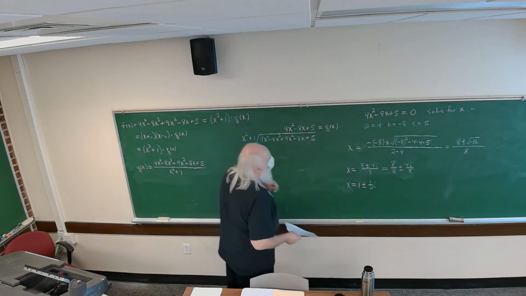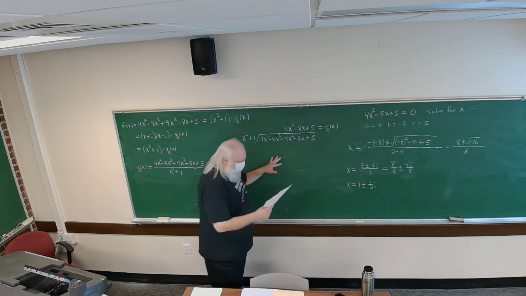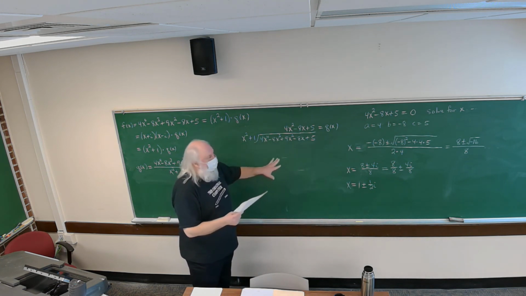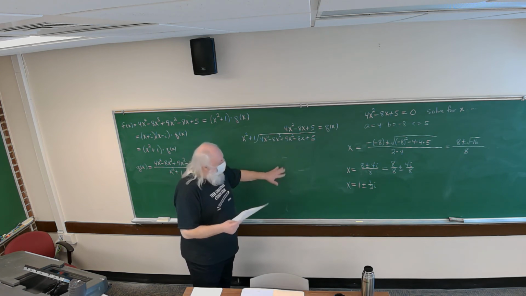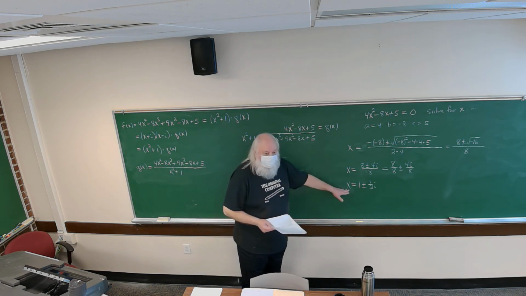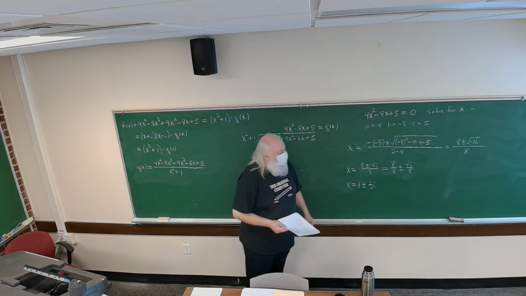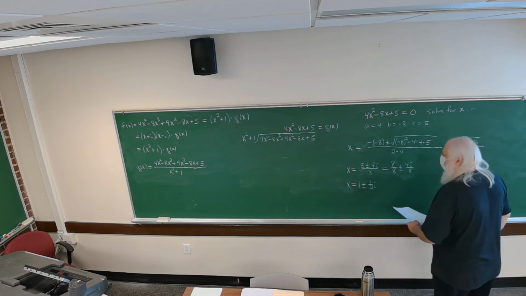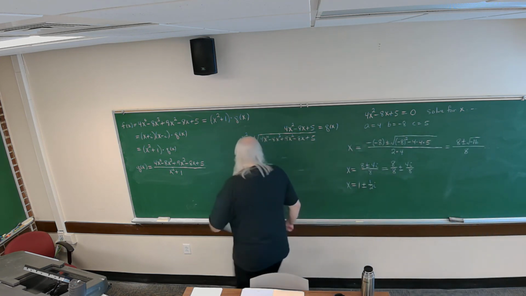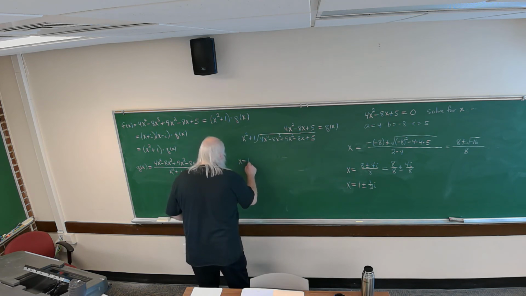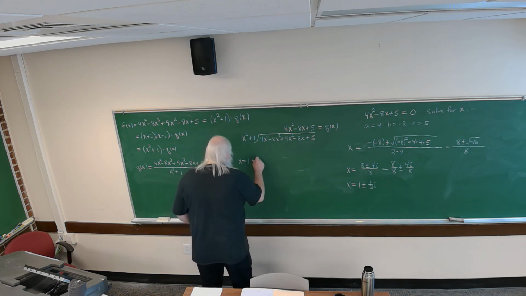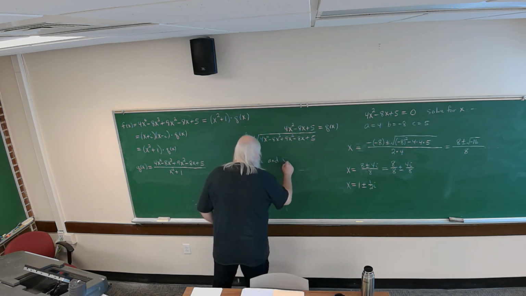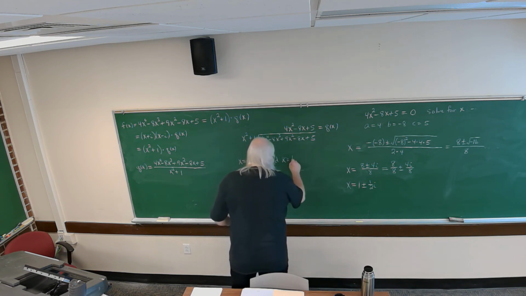So I erased it already, but the first two zeros of this polynomial function were minus i and plus i. The last two zeros are 1 plus 1/2 i and 1 minus 1/2 i. So x equals 1 plus 1/2 i, and x equals 1 minus 1/2 i.